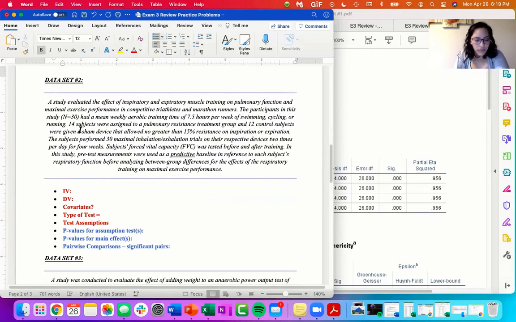So, a study evaluated the effect of inspiratory and expiratory muscle training on pulmonary function and maximal exercise performance in competitive triathletes and marathon runners.